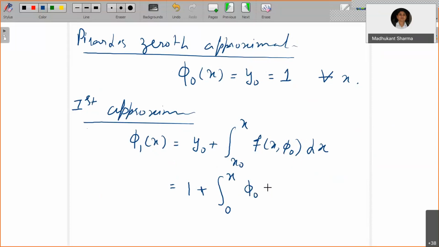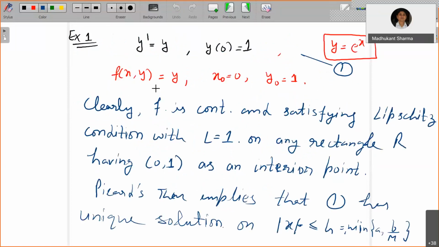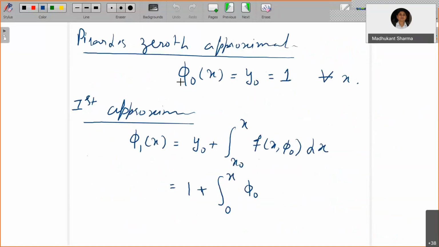If you compare, f of x comma y, if you give the input pair x comma y, the output is the second variable, which is y. So f of x comma v naught is v naught, and v naught of x is y naught, that is 1, so that's going to be 1 plus x. Right. Now what will be the second approximation?